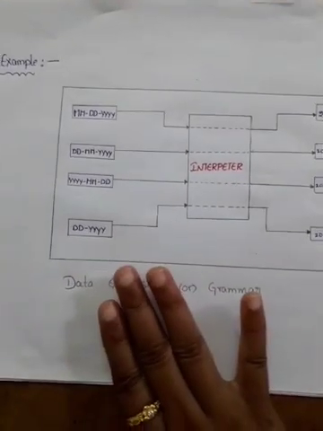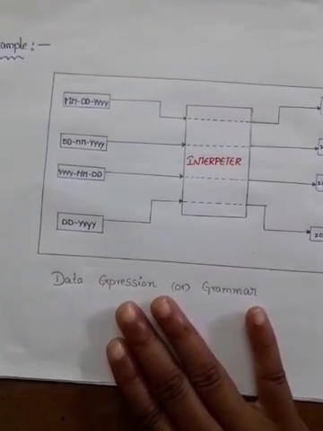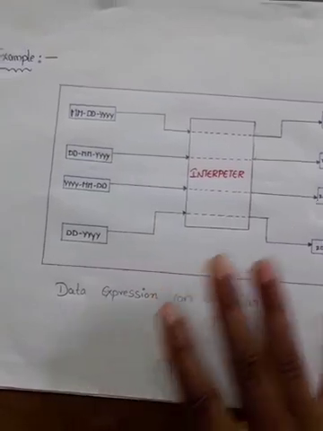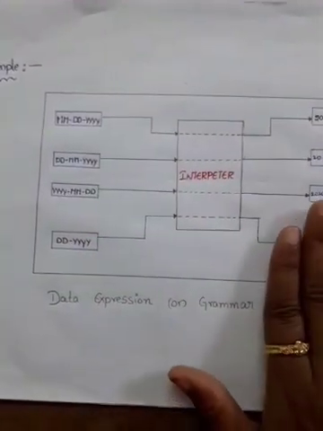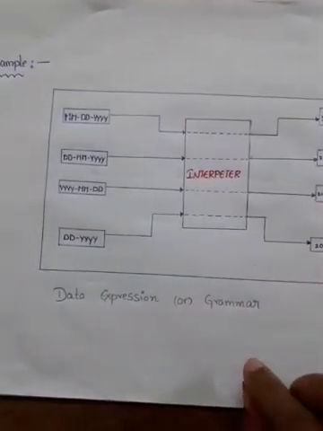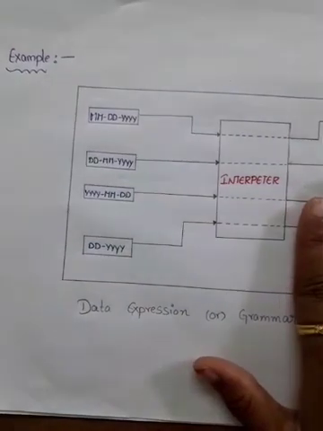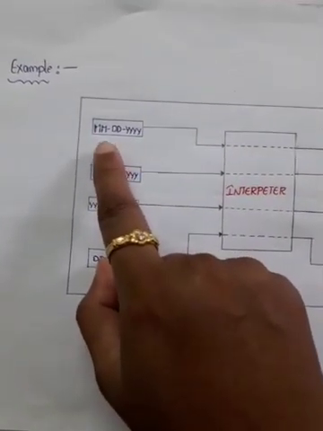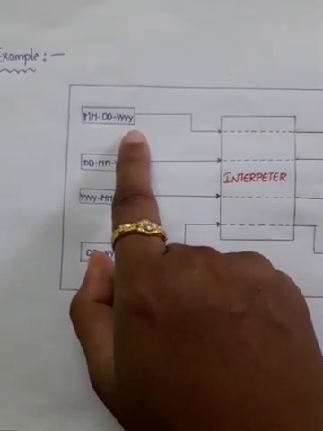Here I have to pass this context and this expression to the interpreter. Here the context is to represent the date. Here we can see the different date expressions. The first expression is month, date, year.